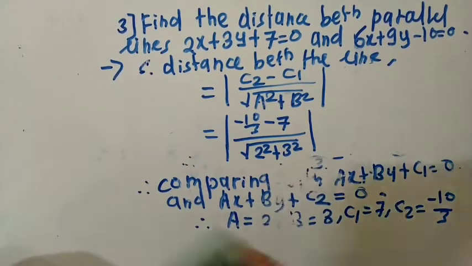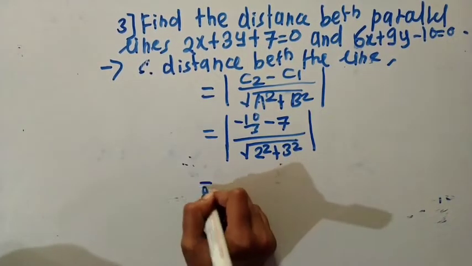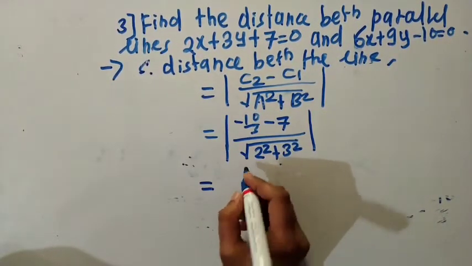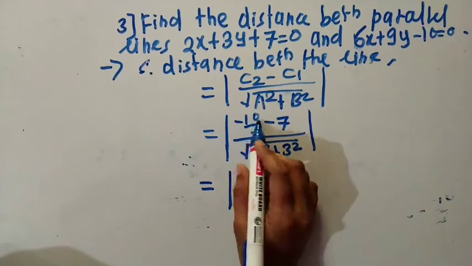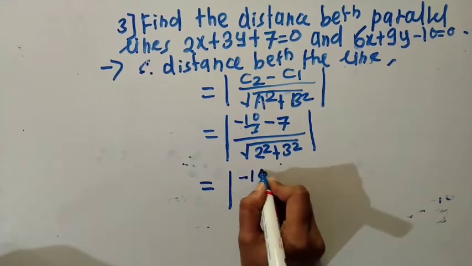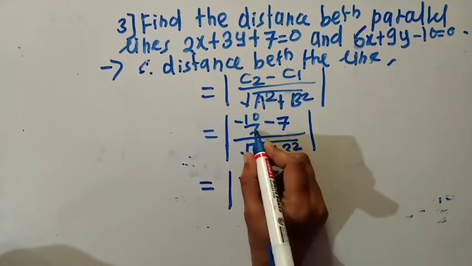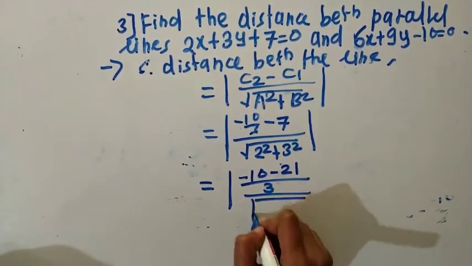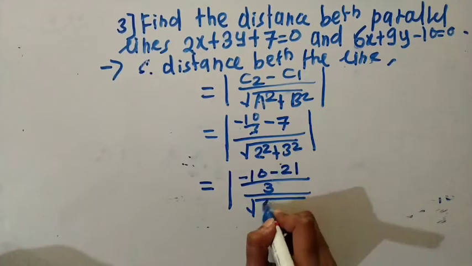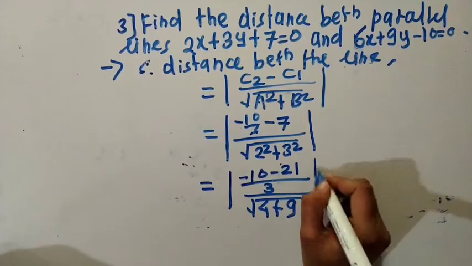Hence then we solve this equation. Minus 10 minus 7 into 3, which is 21, upon 3, upon root of 2 square 4 plus 3 square 9.